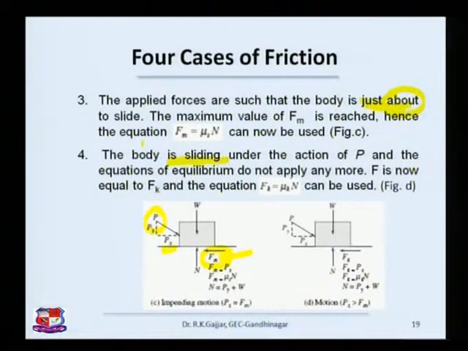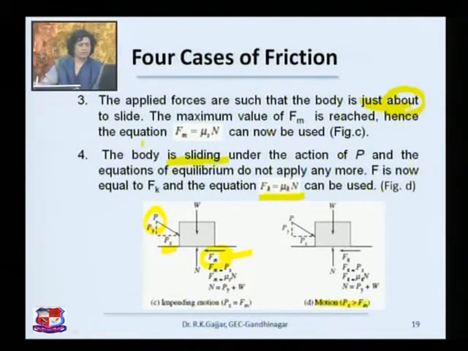So Fk is also now known. This is your last case, case number 4. Motion has happened and therefore your Px is more than Fm. Till the point that there is no motion, Px is completely resisted, body is in equilibrium and your Fm is in force.